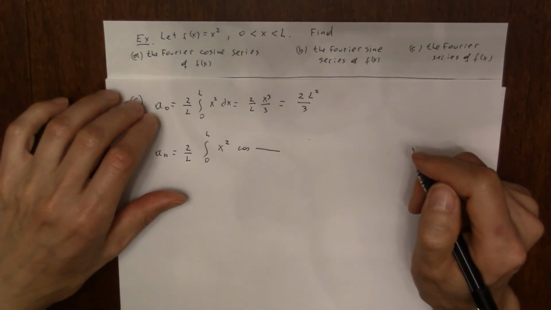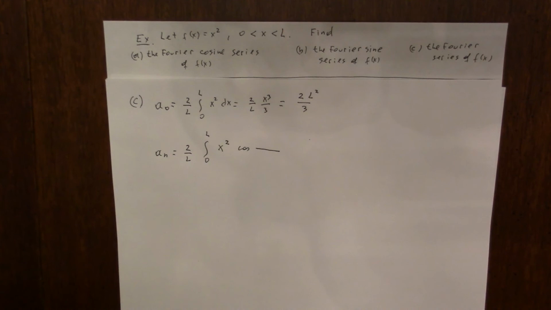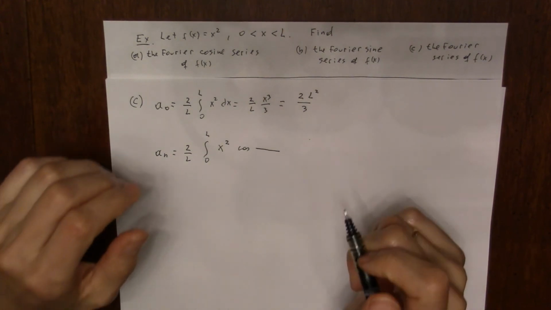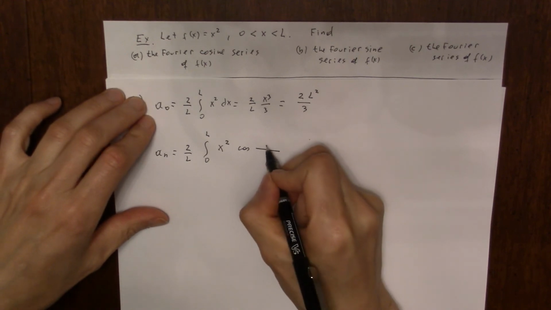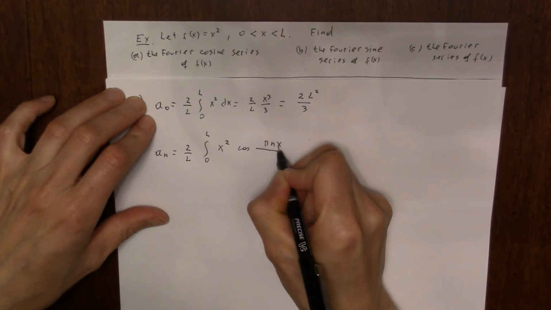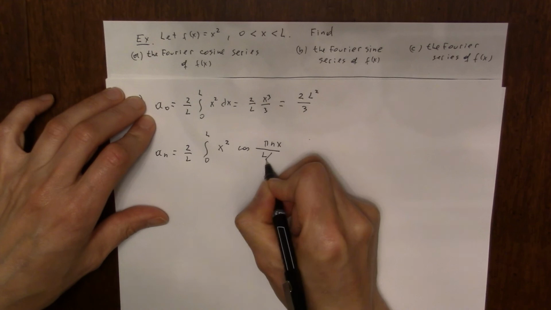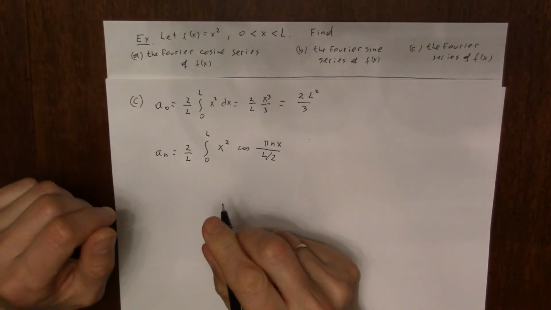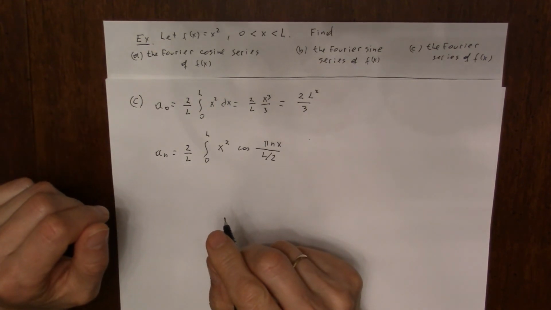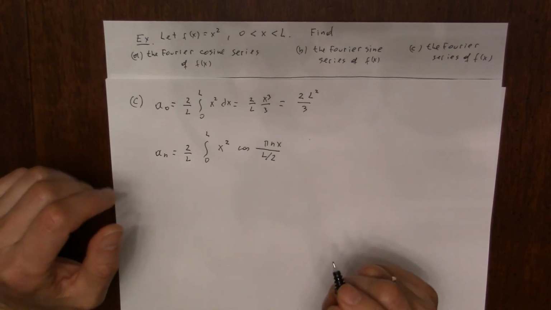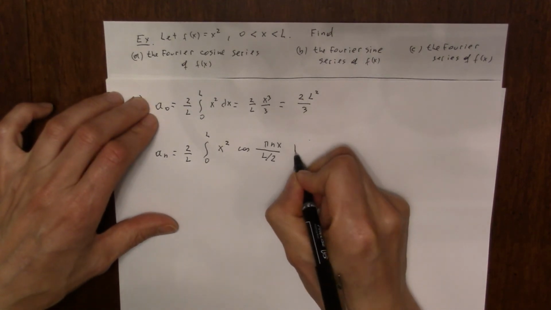now we want to be careful a little bit because the whole period of function equals L. So we're going to write down pi n x on top, but on the bottom you have to write down half of a period of function, and the half of a period of function in this case is going to be L over 2 dx.